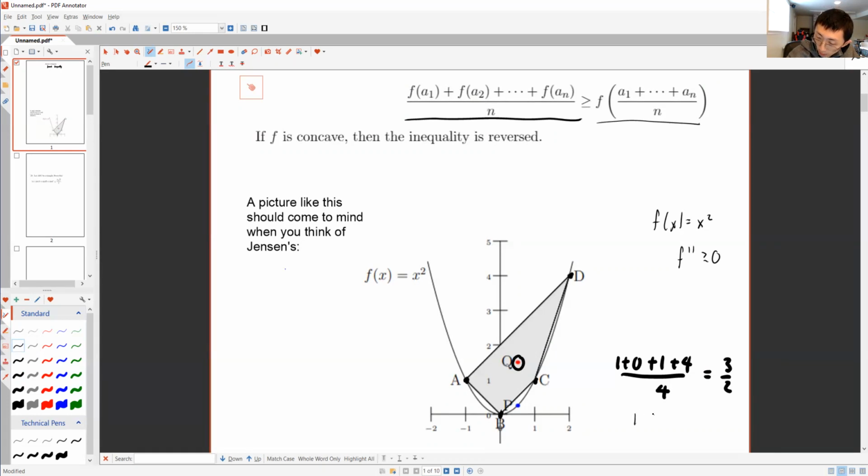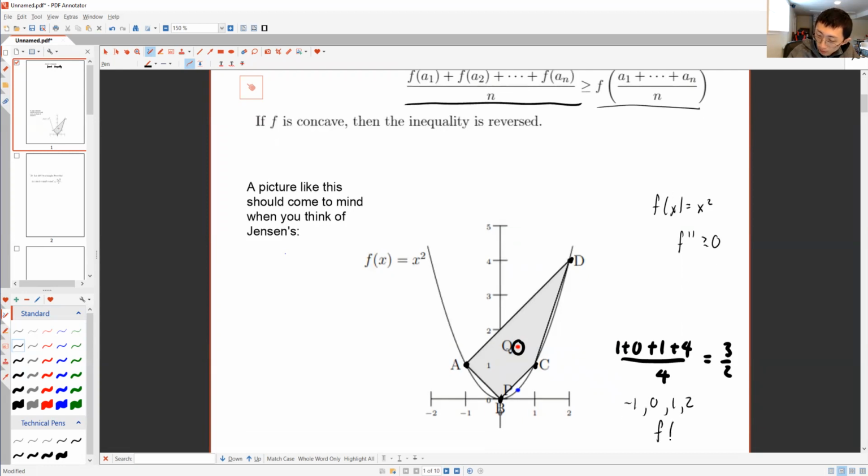So the x coordinates were these numbers. Their average is 1/2. So f of 1/2 is just this blue point right here.